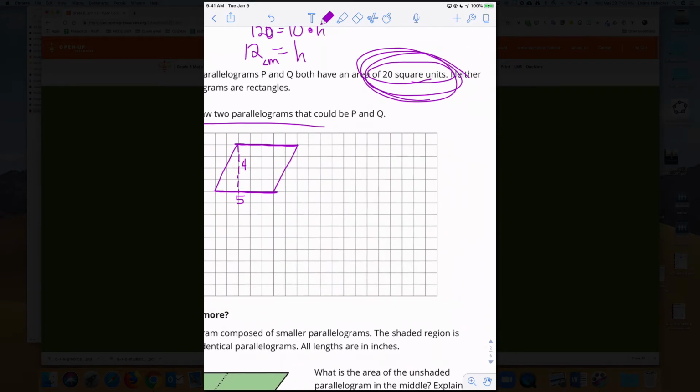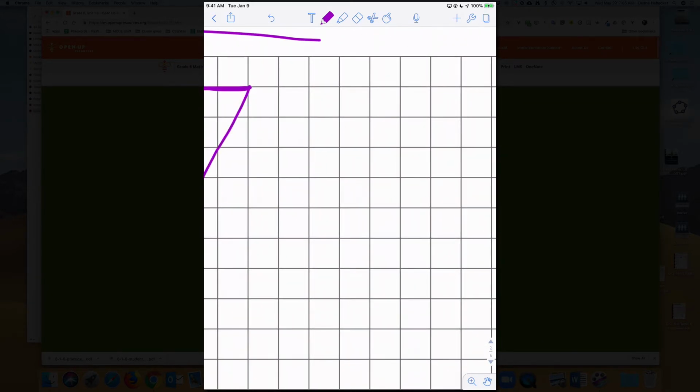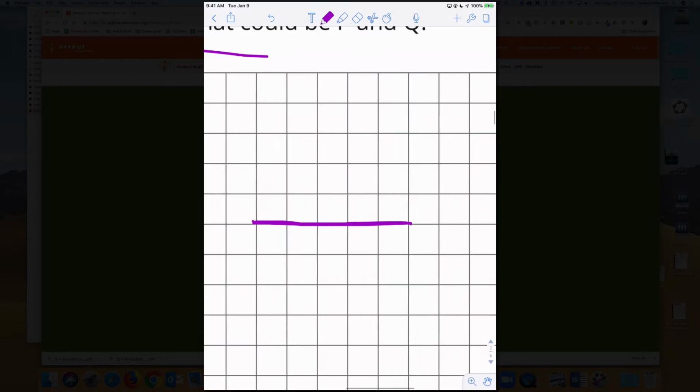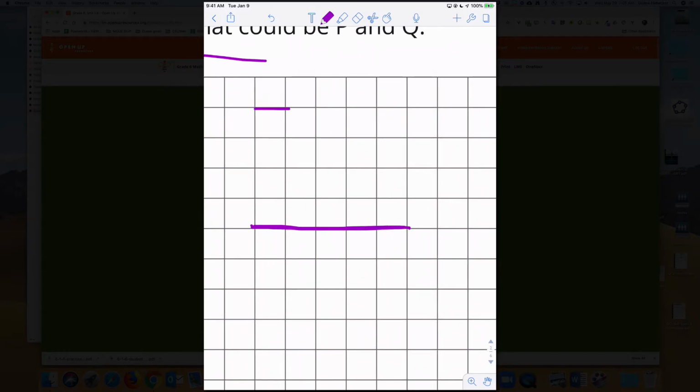Now, I could draw a second parallelogram, and it could have the same base and height. It could have the same base of 5 and the same height of 4. So there's my other base of 5 right there, and you can see here's my height of 4.